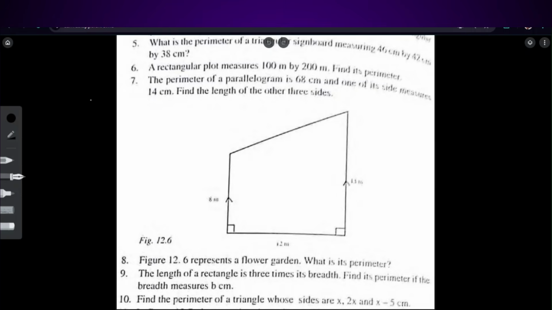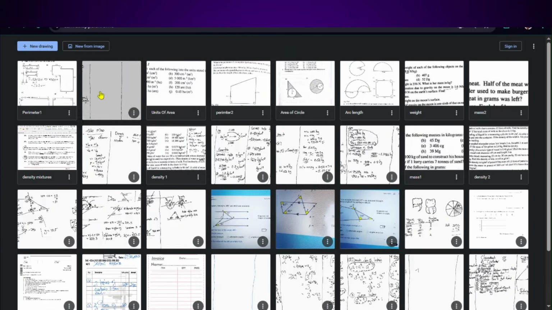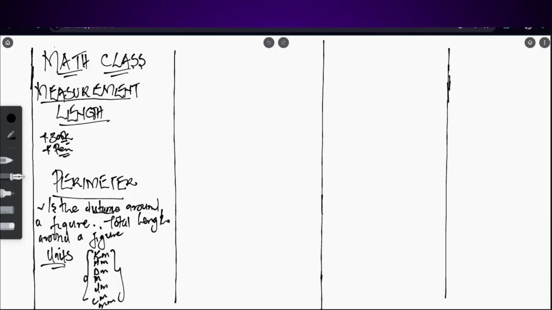So let us try this one. You have x, 2x, and x minus 5. How can I get the perimeter of that? This is another example that I want us to look at. They want me to get the perimeter of a triangle.